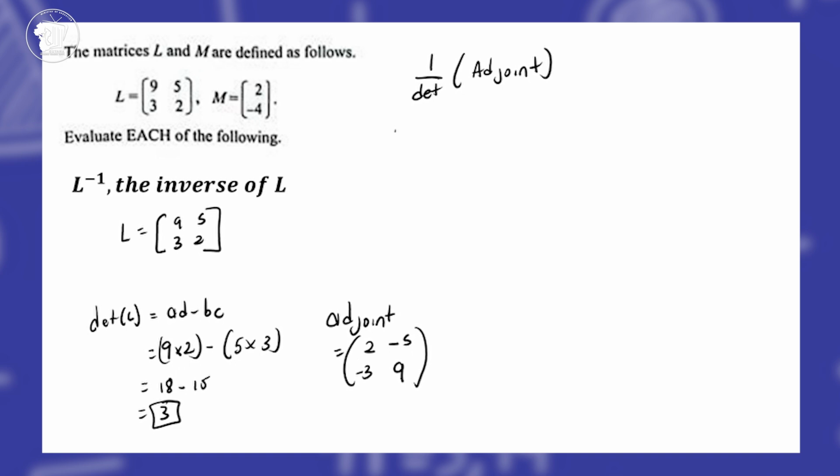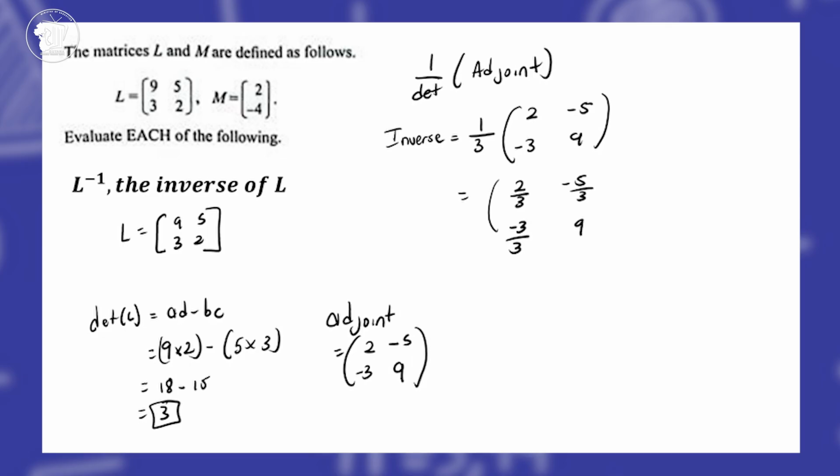So the inverse would be 1 over the determinant, which is 3, multiplied by the adjoint, which is 2, negative 5, negative 3, and 9. So we multiply 1 over 3 times all of this, which would be 2 over 3, negative 5 over 3, negative 3 over 3, and 9 over 3.